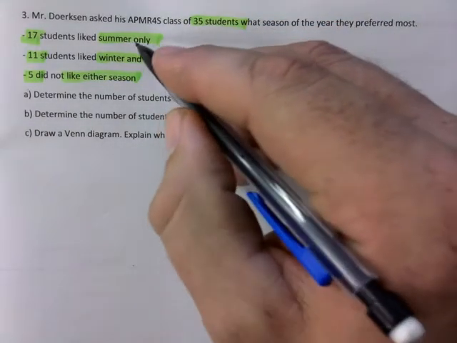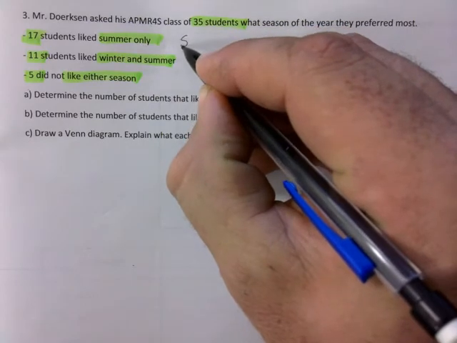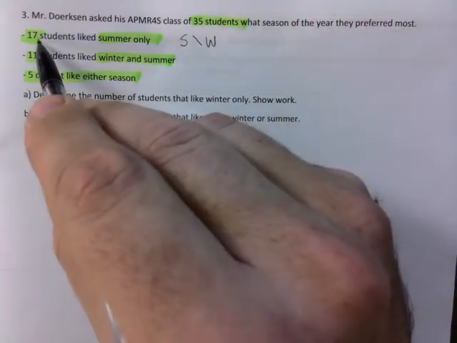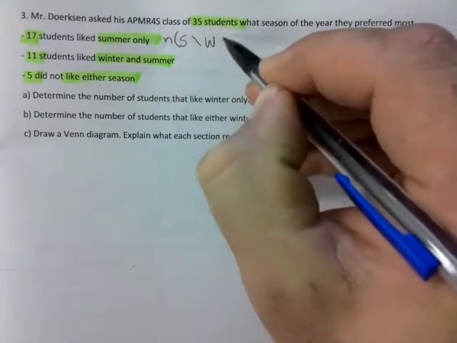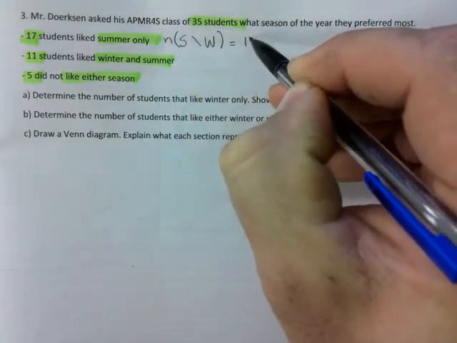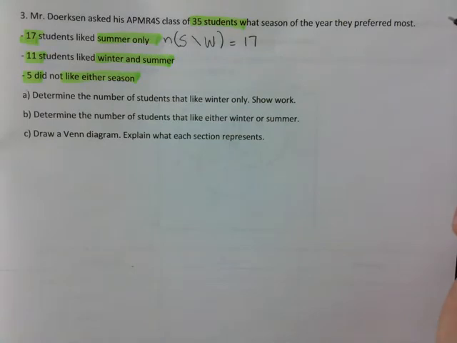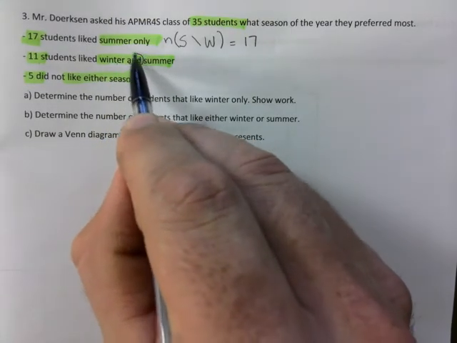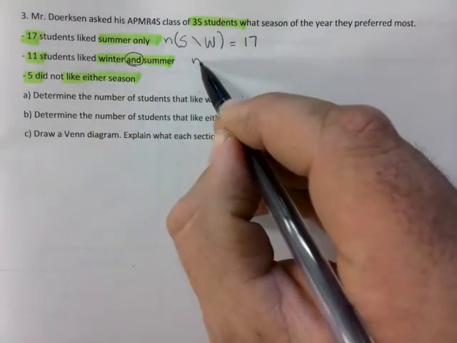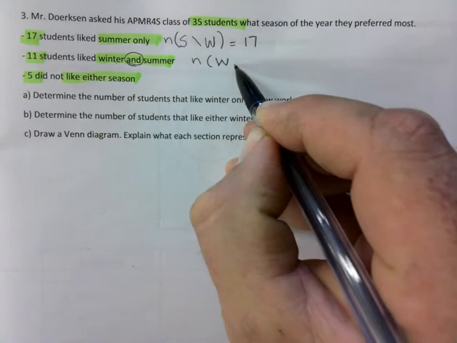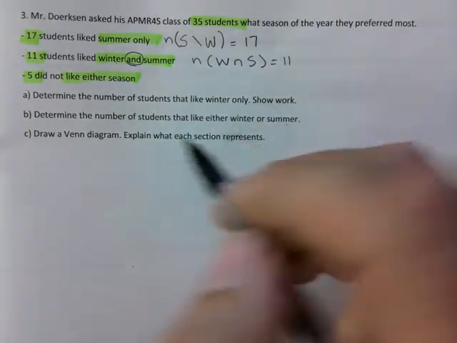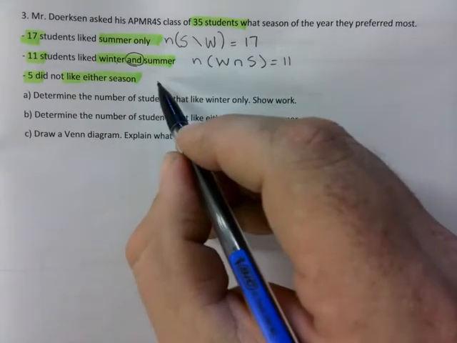So this would be summer only, right? This is summer, not winter, correct? This is the number of students that like summer, not winter. I want you to identify the notation when you see words, okay? 11 students like winter, and that's the keyword, and summer. So the number of students that like winter and summer would be 11. 5 did not like either season.